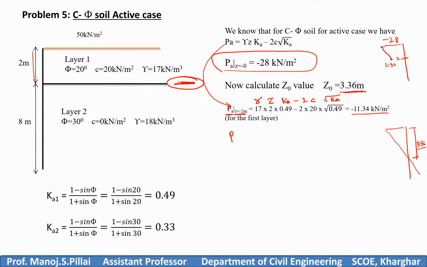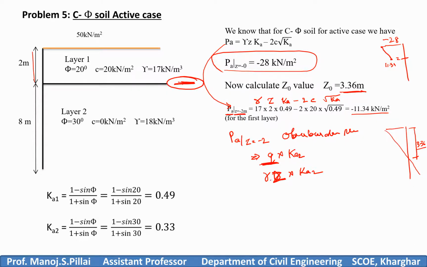So you also have to determine at z equal to minus 2 what is the overburden pressure. Overburden pressure, very easy question, that is q into Ka2. Always remember, q is the surcharge, gamma into d or gamma into z, into Ka2.